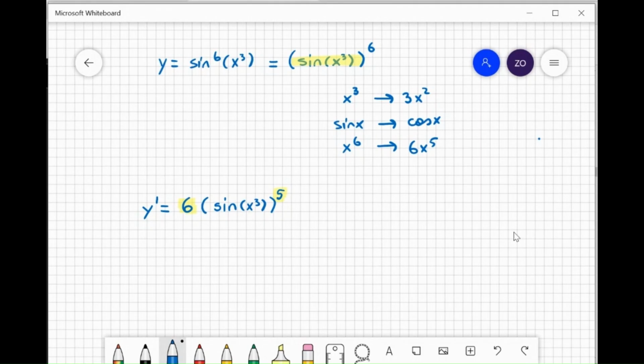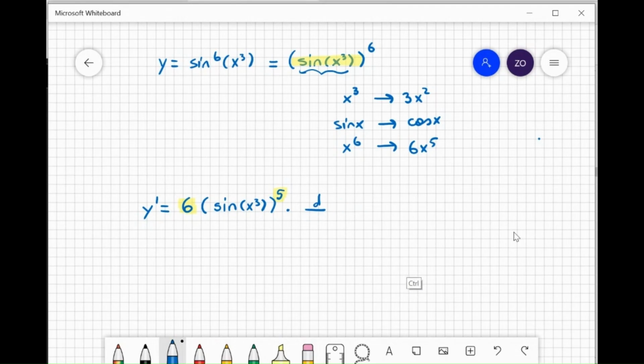So this is the derivative of the outermost function. Now we will multiply it by the derivative of the inside function, which is sine of x cubed. The derivative of sine of x cubed. Well, in fact, we are applying the chain rule twice. So to find this derivative, we again will apply the chain rule.